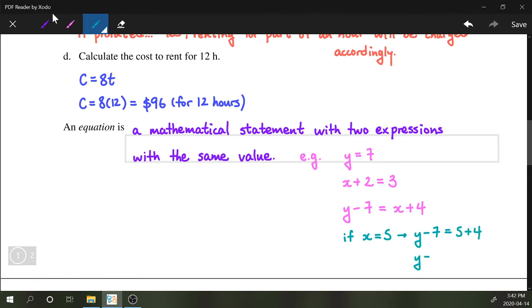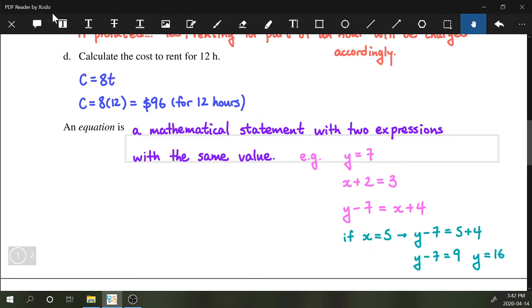So y minus 7 is equal to 9. So what number minus 7 is equal to 9? Well, that would be 16. So the values of x and y depend on each other. So you can change the value of x and change the value of y. But in this case, that would be a linear relation.